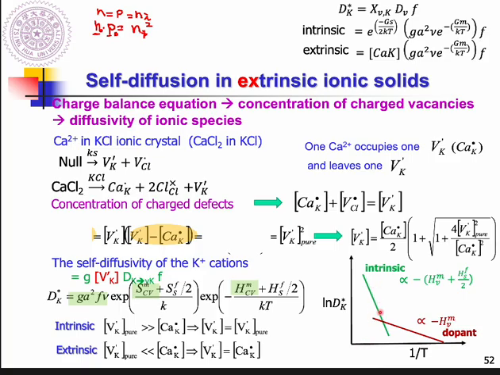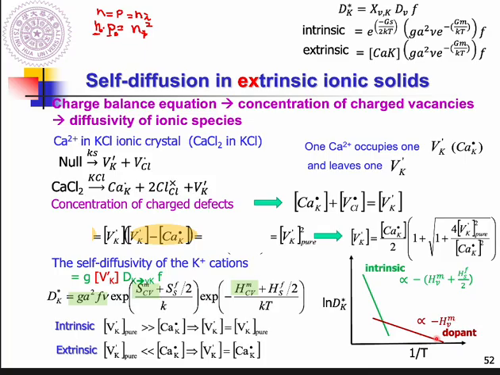in some cases, if your temperature range of interest is from here to here, then when you plot the log D diffusivity versus 1 over T, you only get one slope, which means that one diffusion mechanism dominates. If your interest is at lower temperature, within this region, when you measure the diffusivity at different temperatures, you also only get one slope, which tells you it is dopant control.